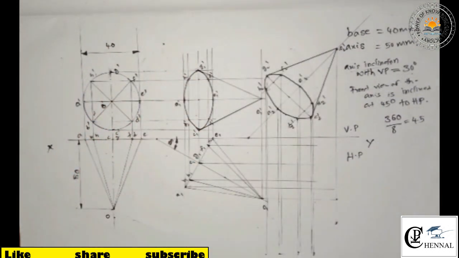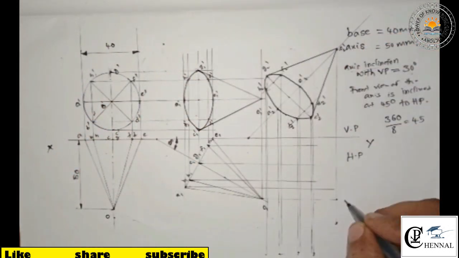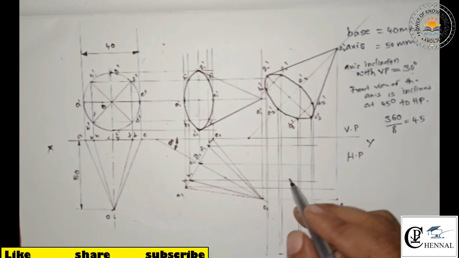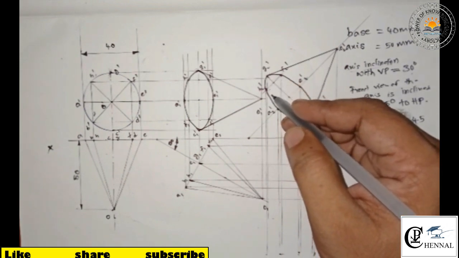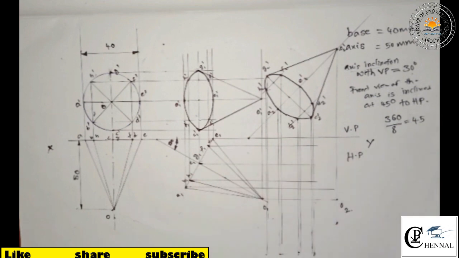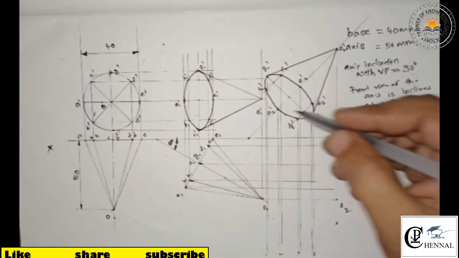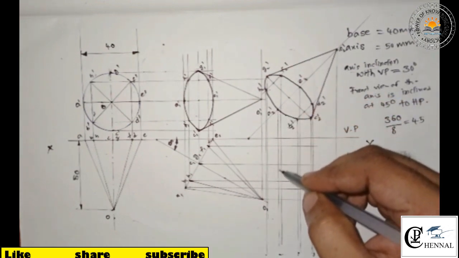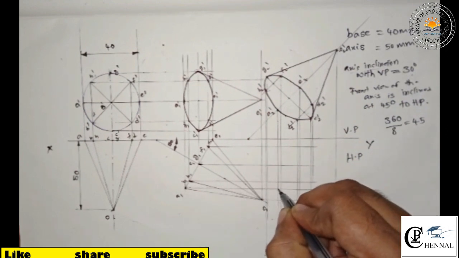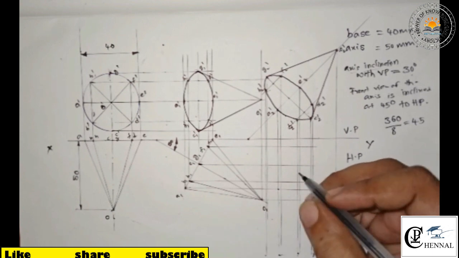Okay, now the obtained point is O2. So here A dash, here O2 dash perpendicular line and O1 dash parallel line intersect at a point, that is O2.